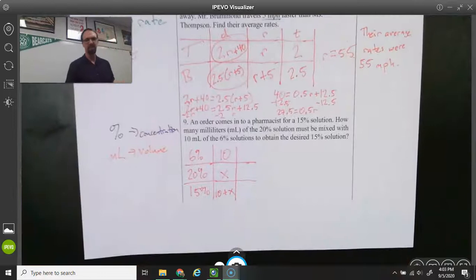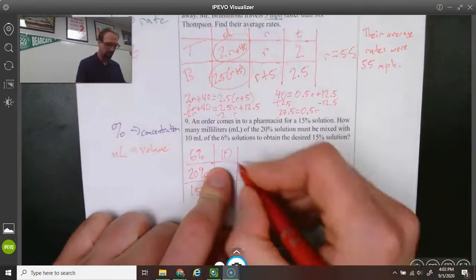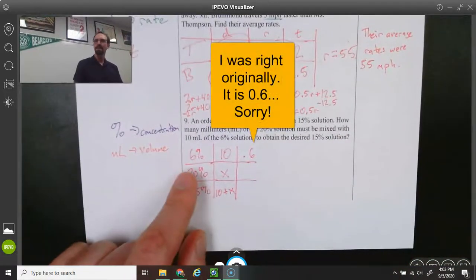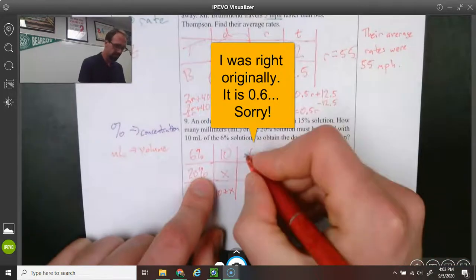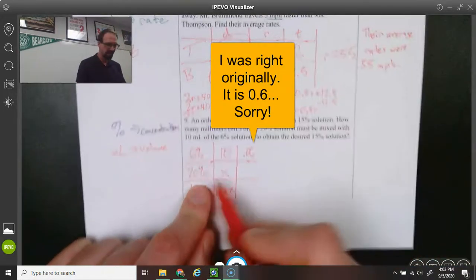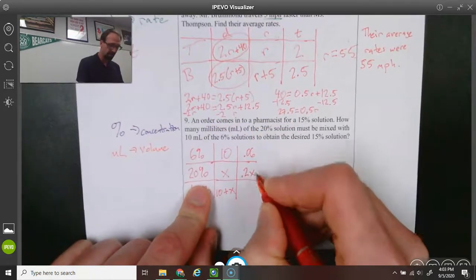So now if I think about the 6%, 20%, 15%, the percentages are actually decimals. If I take 6% times 10, I get 0.06 times 10, which is 0.6. Be careful, common mistake, thinking 60%. 20% times x is 0.2x.